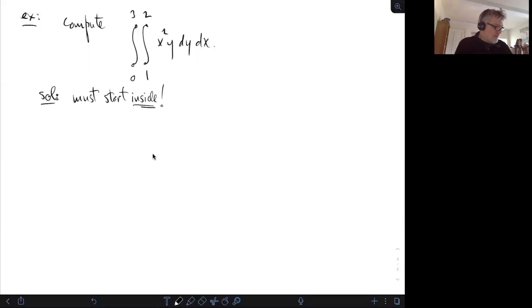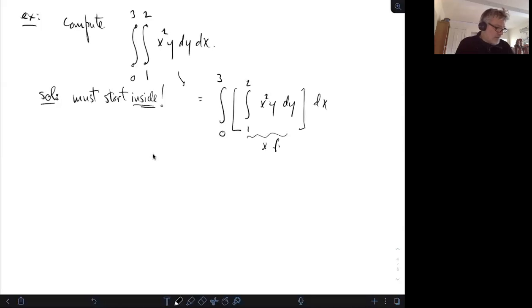So what is this thing? This is the integral 0 to 3 of, and I'll put some brackets here, the integral 1 to 2 of x squared y dy, dx. And here, x is fixed. We'll deal with the x after. So the inside integral, that's your slice, the area of the slice.